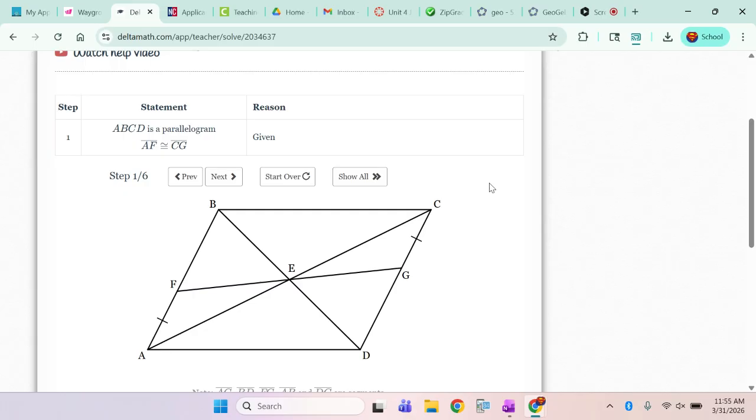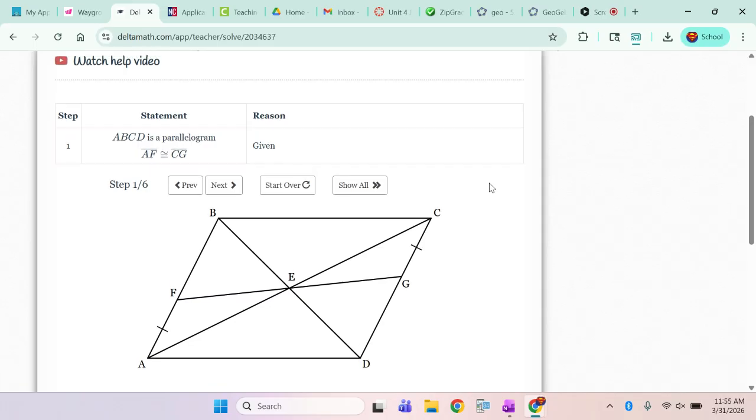On the test, because you do have that Thursday, I'm not going to make you do a whole proof from scratch. What I am going to make you do is write out the reasons if I give you the statements. You've got to at least be able to logically tell me why that statement is true. If you can't, it's going to be issues.